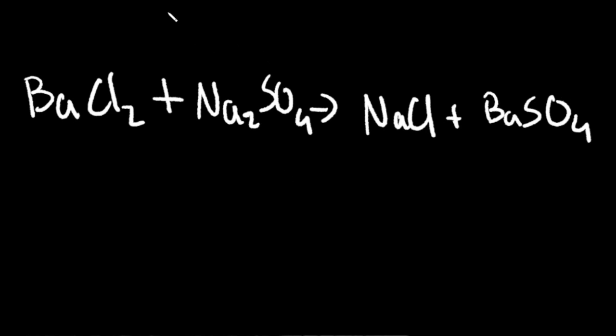In this case, you can probably tell that sodium has a charge of 1 plus, and sulfate a charge of 2 minus. So this would be helpful when you're balancing equations. Since barium has a charge of 2 plus, it just cancels out. So you only need 1 barium for each sulfate.